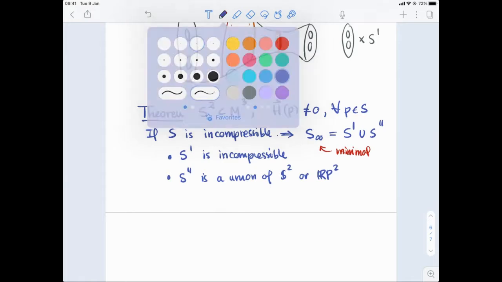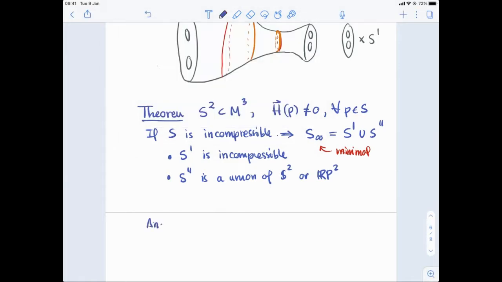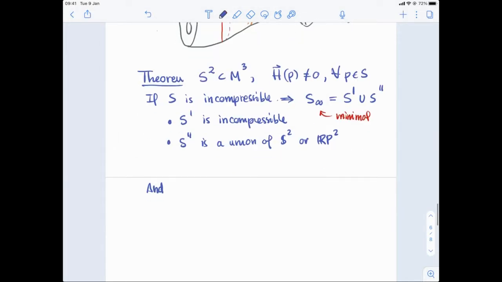And then what happens here is that, regarding the incompressible component on the limit, S' has either multiplicity 1, in which case S' is diffeomorphic to the original surface S, or S' occurs with multiplicity 2, in which case actually the surface double covers the limit.